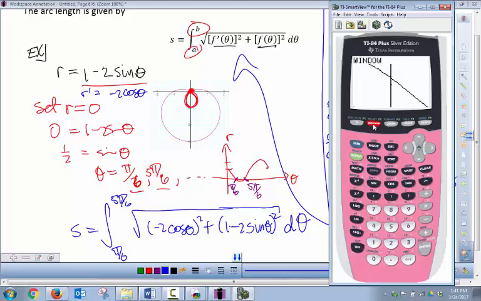So I'm going to go back to the window. And I want to go from my x from 0 to somewhere like 3. And then my y values, see, that's the tricky part, is I don't know how high this is going to be.